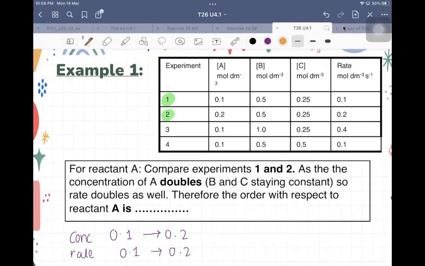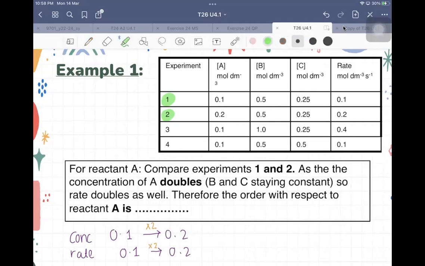Okay, so 0.1 to 0.2 for concentration is an increase by times 2. Okay, how do I know that? You just take the bigger number, 0.2 over 0.1, and that is a multiple of 2. That means you multiply the concentration by 2, the rate is also multiplied by 2.